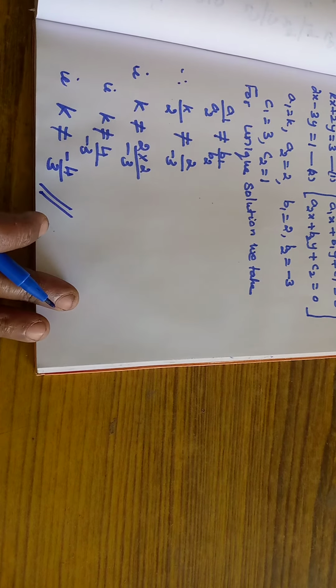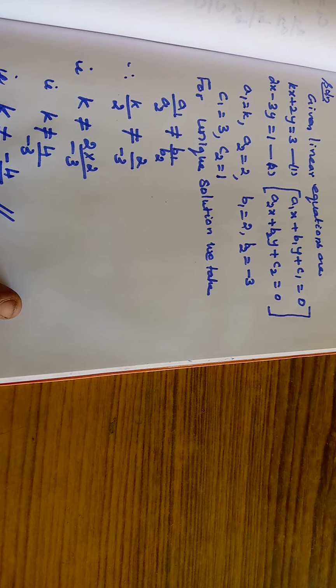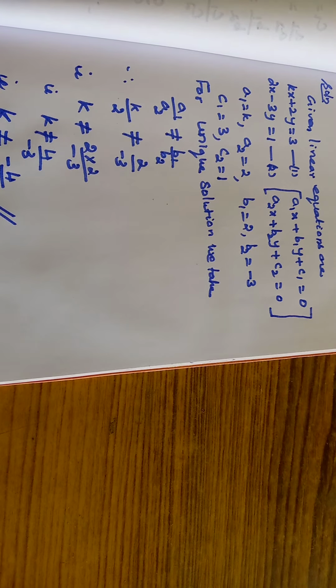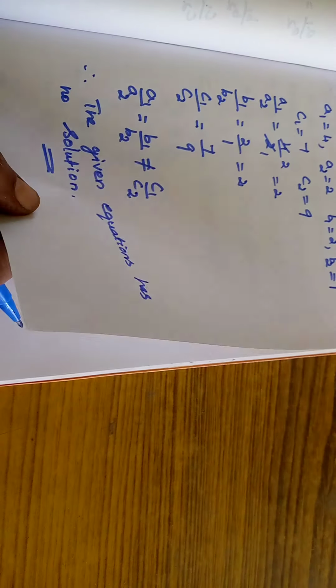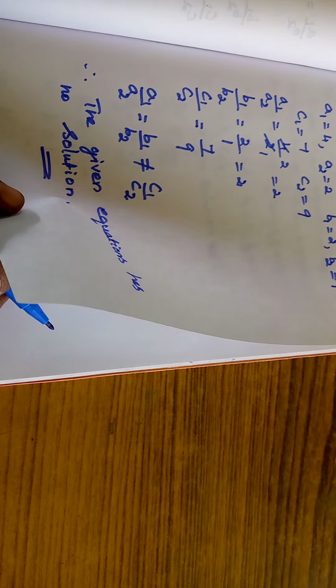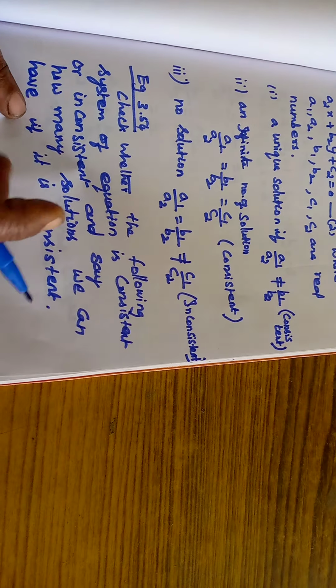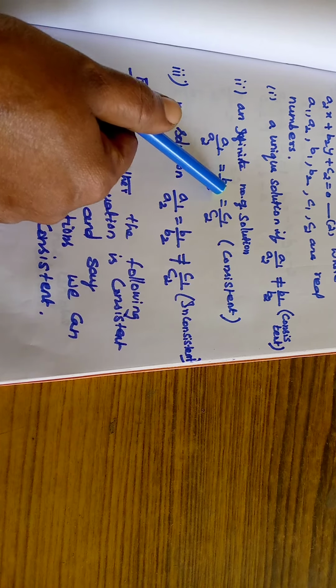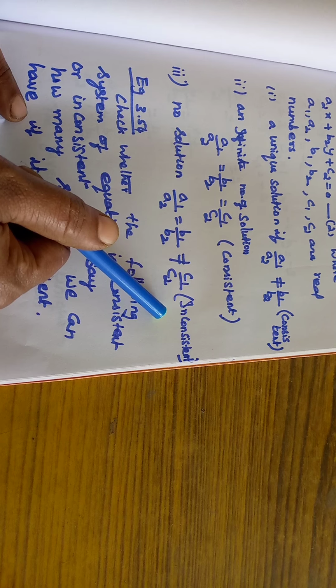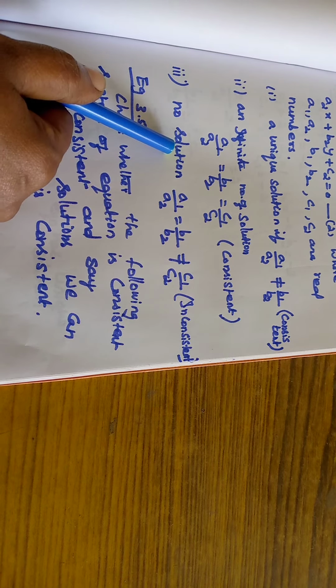So we checked. What have we learned? A system has consistency and inconsistency. Consistency means it has two types of solution. First one is a unique solution. Second one is an infinite number of solutions. And inconsistent means it has no solution.